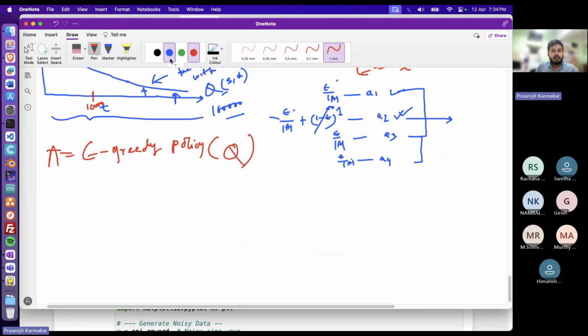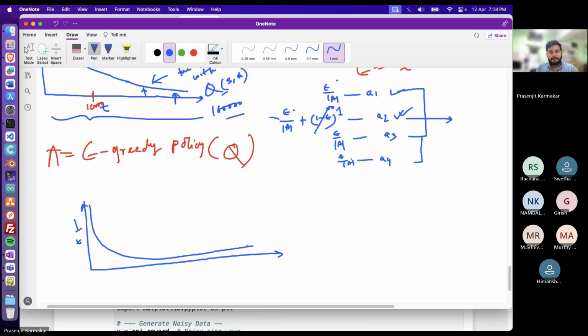So 1 over t looks something like this, or more steep actually. Okay, so what is the problem if it looks like this?